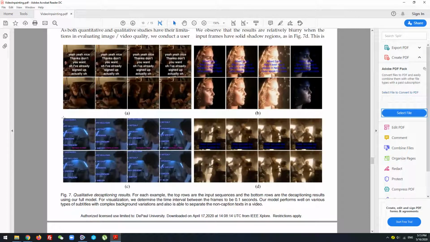For this part, I think we also discussed in class why we only remove captions, not the characters in a real video. I believe part of that is because the captions are in a fixed position.